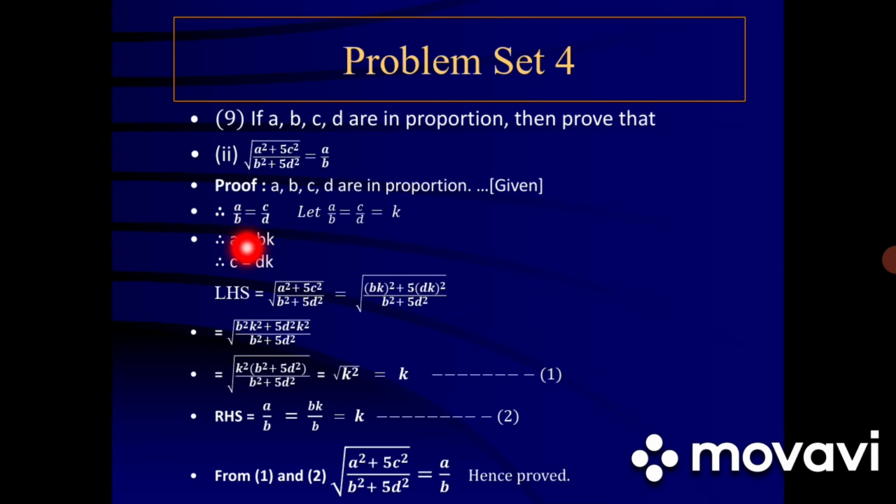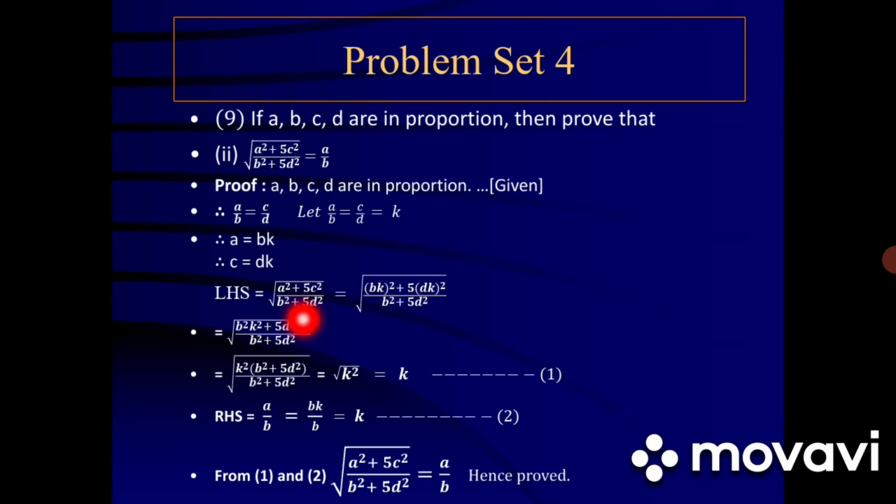Therefore, A upon B is equal to C upon D. Let A upon B equal to C upon D is equal to K. Therefore, A is equal to BK and C is equal to DK. Let us solve the left hand side. Left hand side is equal to square root of A square plus 5C square upon B square plus 5D square.